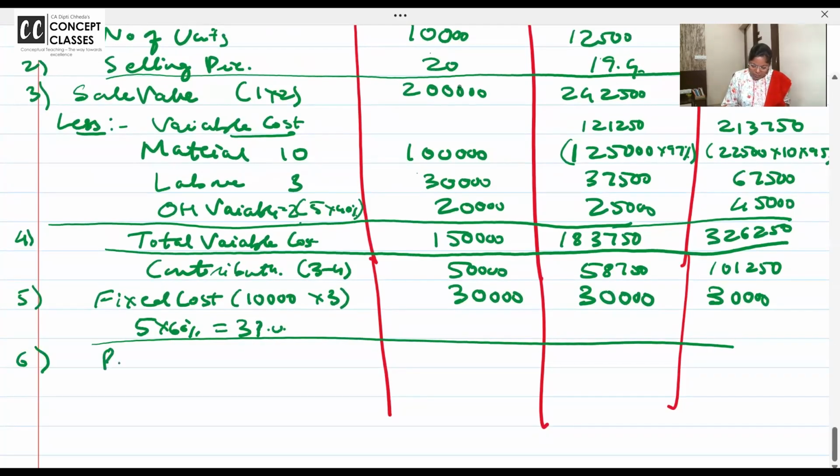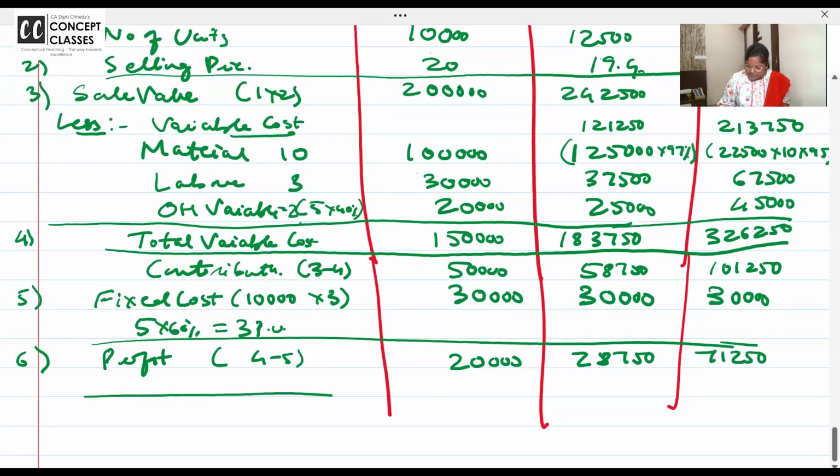Now what you get, you call it as profit. 4 minus 5. 20,000. 28,750. 71,250. बोलो.